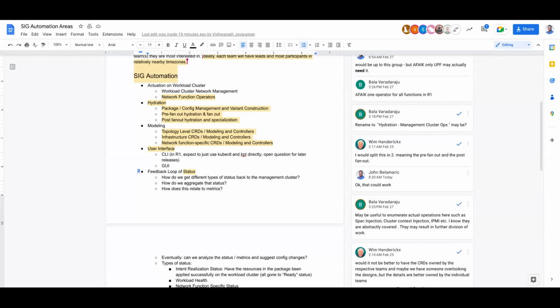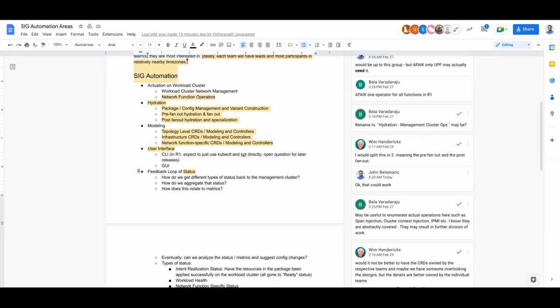And then the third point I wanted to address is the user interface, like CLI and GUI. Based on the KPT and Porch package orchestrator commands, it's very generic. However, when we are trying to manage the life cycle of a network function, it doesn't coincide with any standard like ETSI. For ETSI, we have specific life cycles, right?